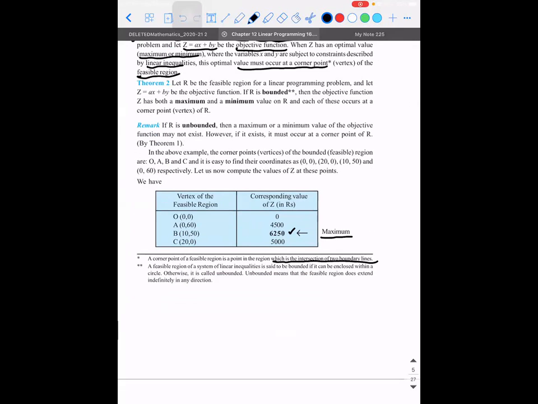So what kind of questions they are going to ask you is, they'll give you the inequalities, they'll give you the value of Z. Your work is to find only the maximum or the minimum value. In this case, the minimum is going to be 0, obviously.